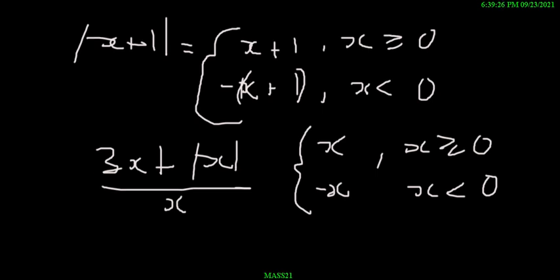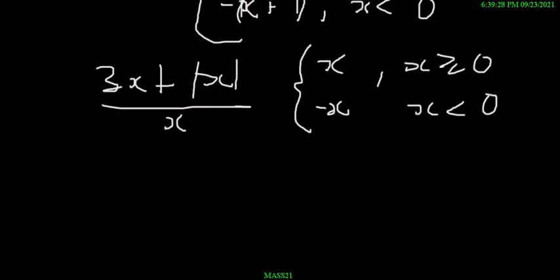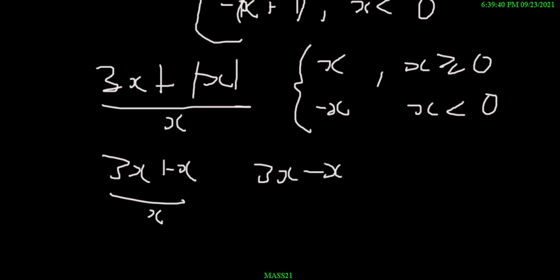Therefore, this equation is going to be 3x plus x over x, and the second equation is going to be 3x minus x over x.